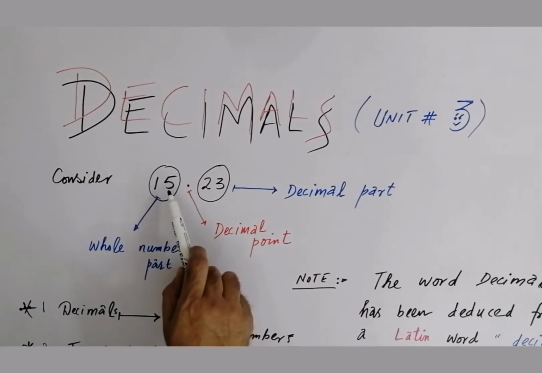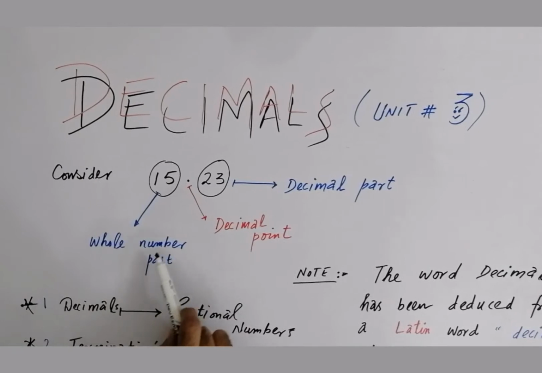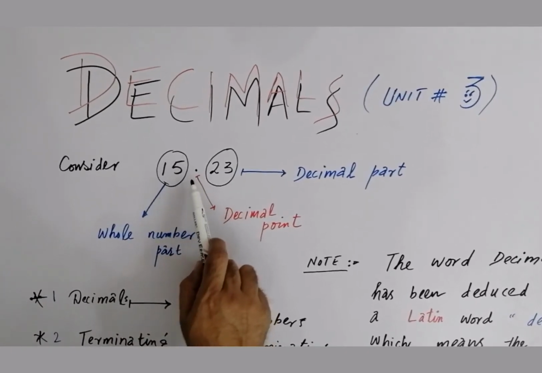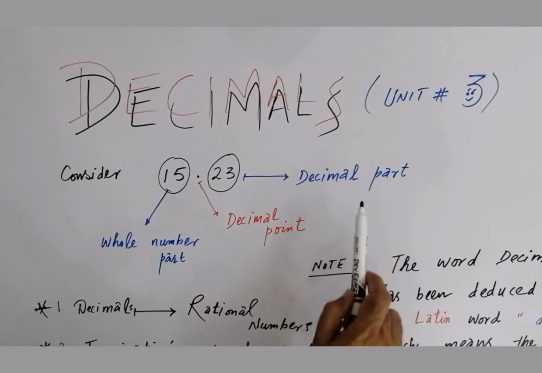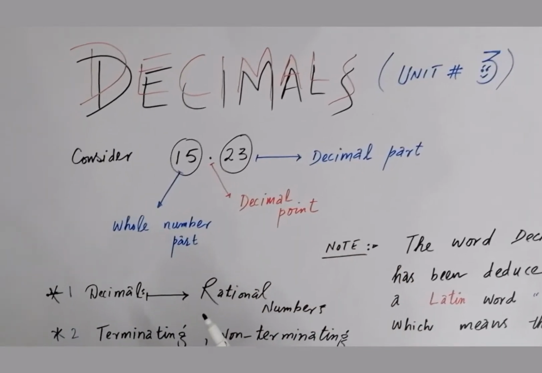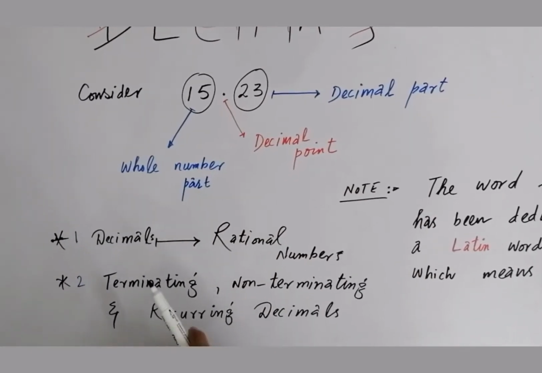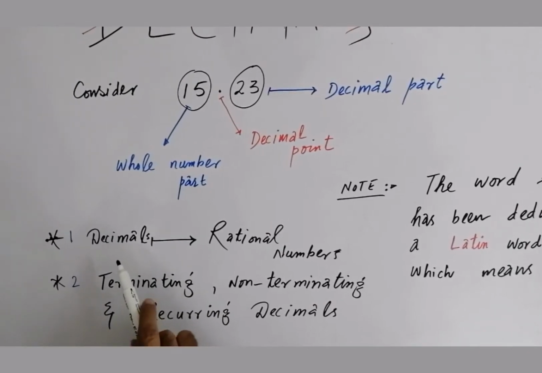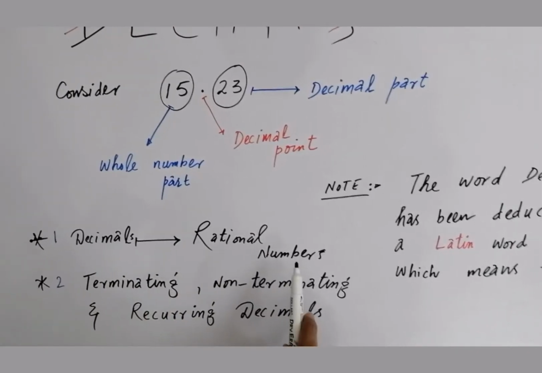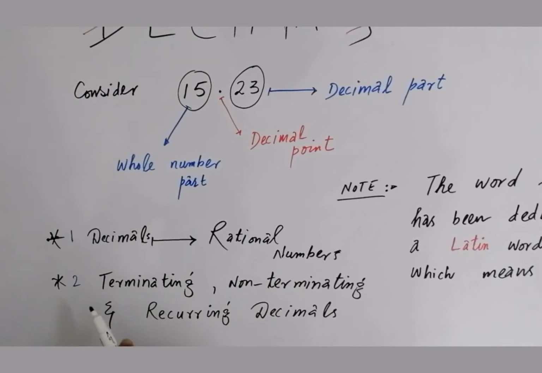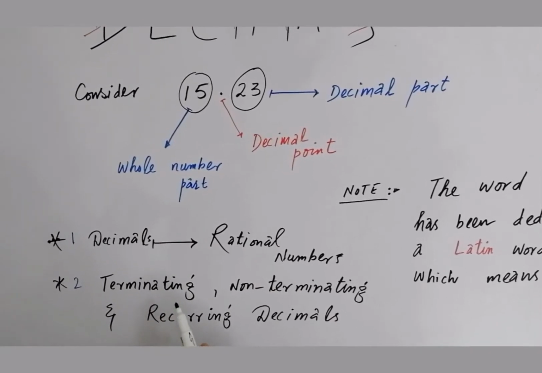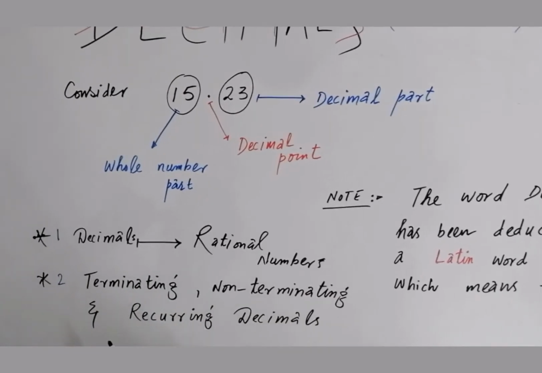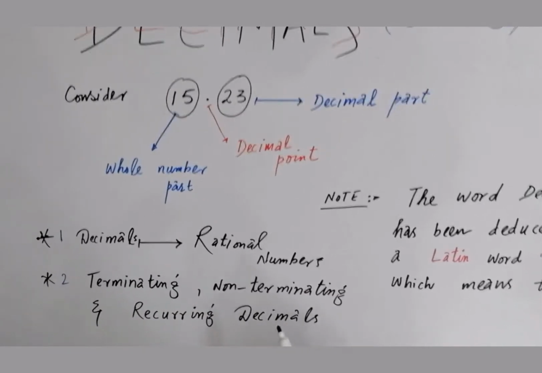The first number is 15, which is the whole part, and the number after the decimal point, which is 23, is the decimal part. In this chapter we will learn how to convert decimals into rational numbers, and the second important thing is we will learn about terminating, non-terminating, and recurring decimals.